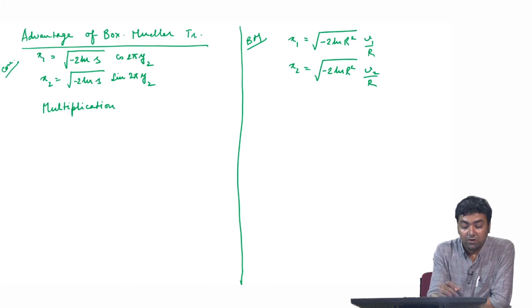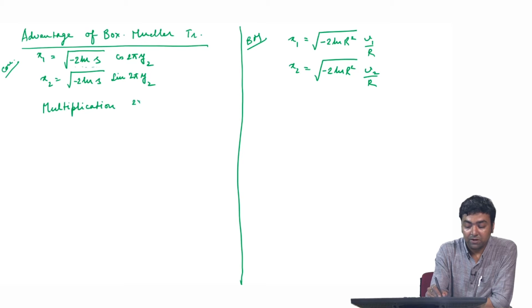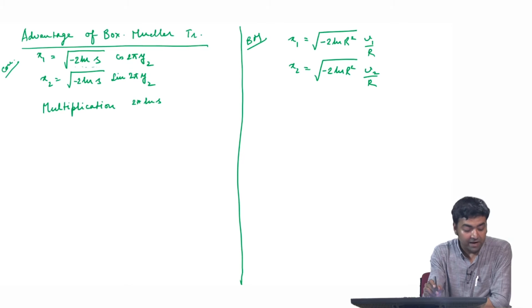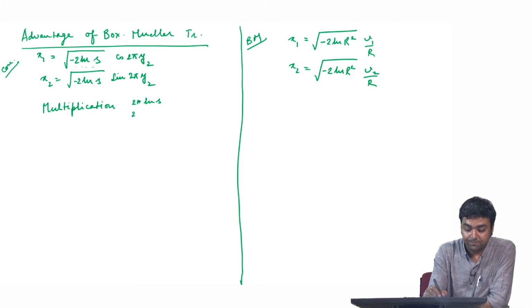In order to get these two values of x1 and x2, we need to do one multiplication, that is 2 into log s. This is one step which we need to do once, and then we also need to multiply 2 pi with y2.